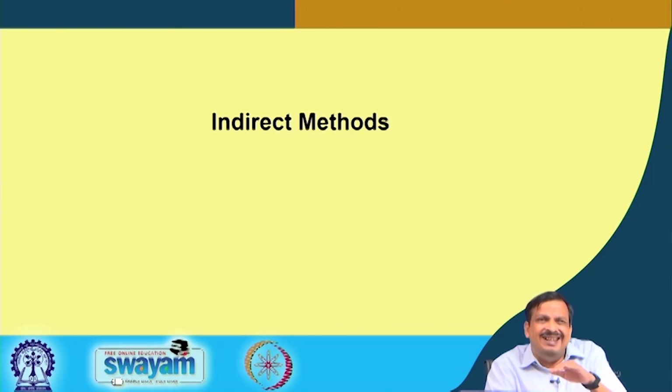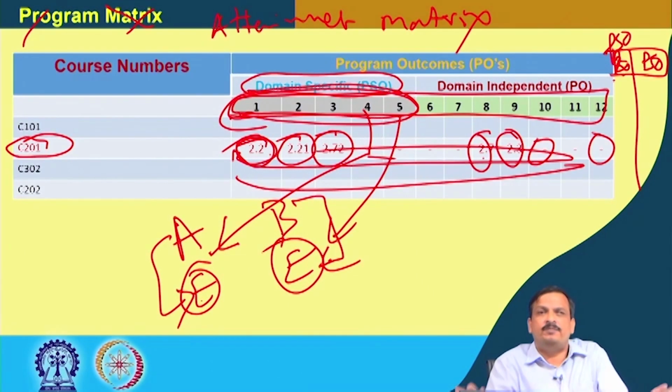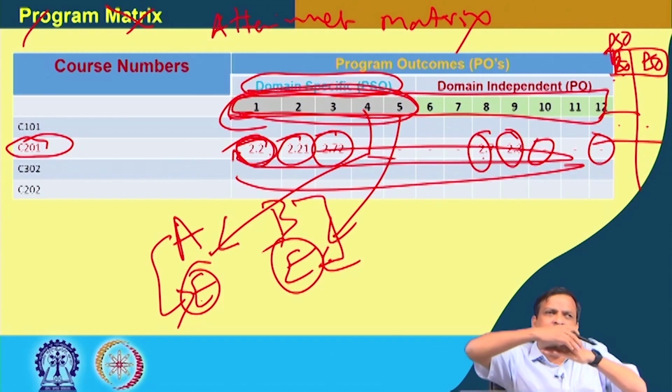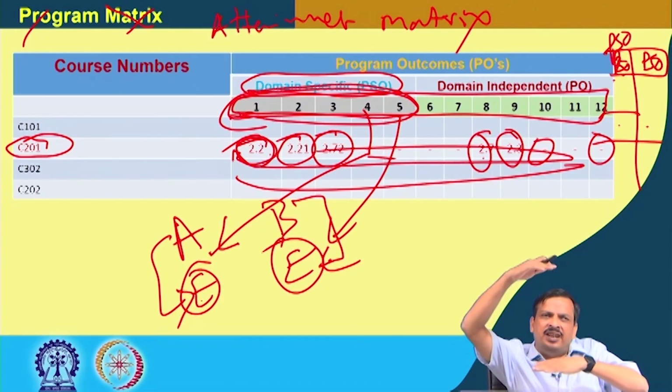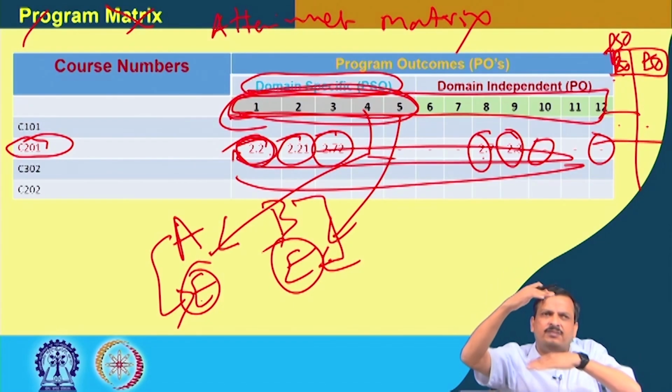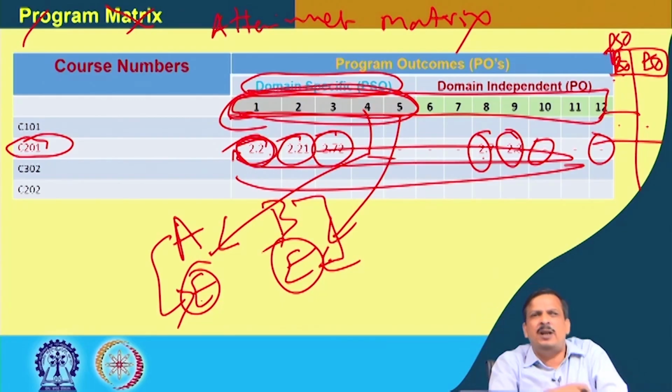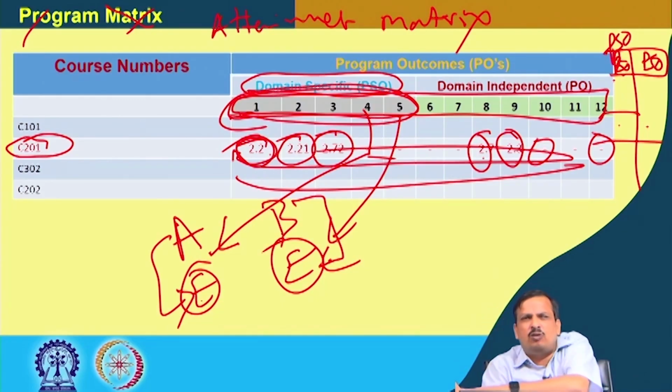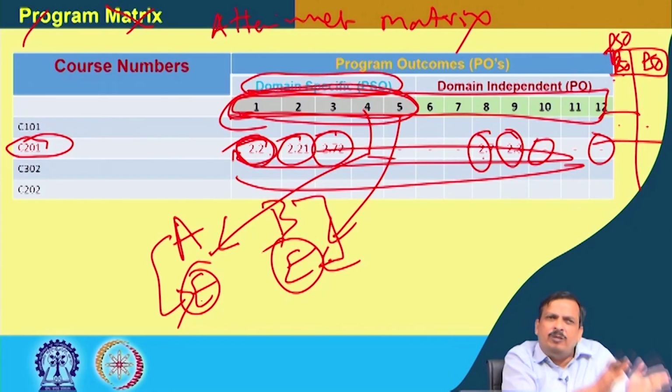So, now the indirect methods. Direct methods are done. Even if a PSO is there, I can do it for the PSO also. So, I can get the attainment matrix of the program matrix. Some courses may be very much towards the domain independent, some courses may not be that much.